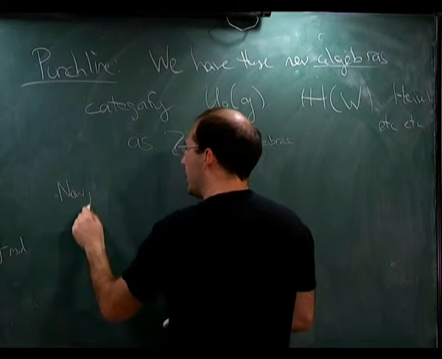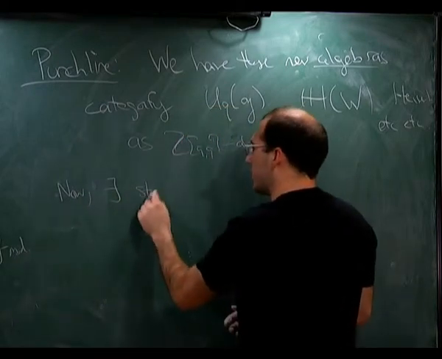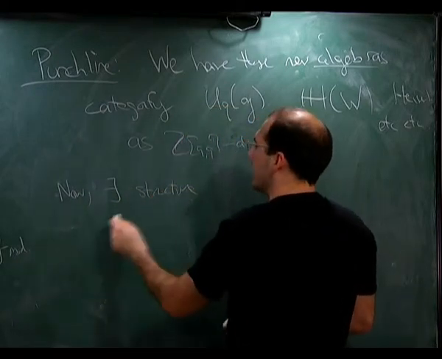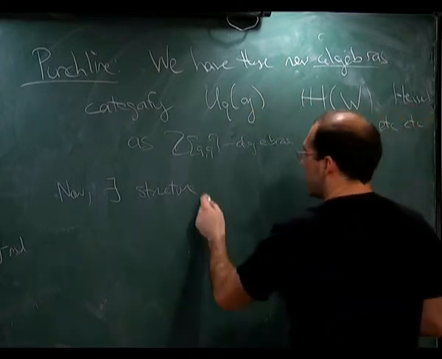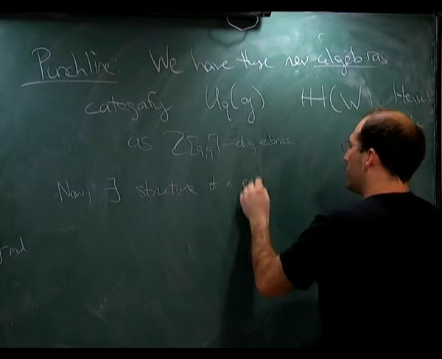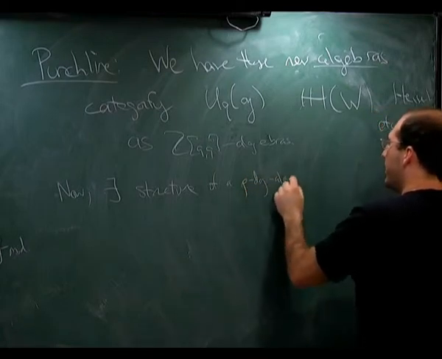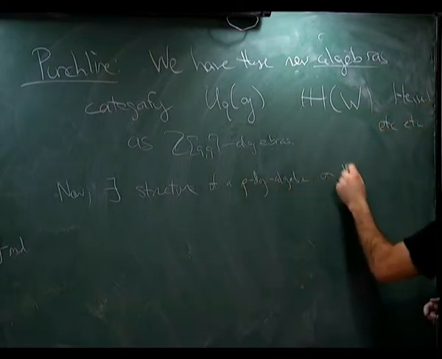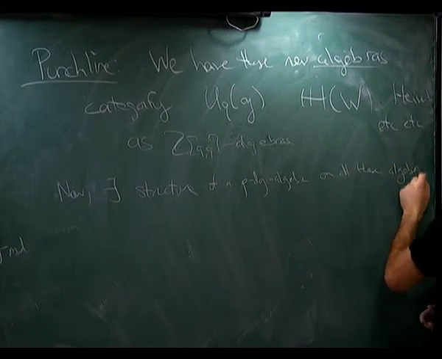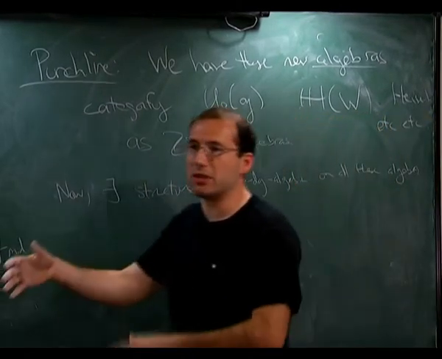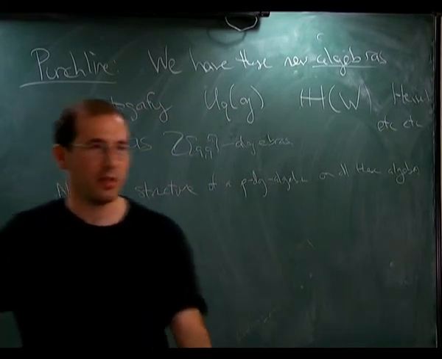Now there exists a structure, again proven and conjectural depending on which context you care about, of a pdg algebra on all these algebras. That is, for each algebra, we can find a differential satisfying this Leibniz rule with d to the p equal to 0.